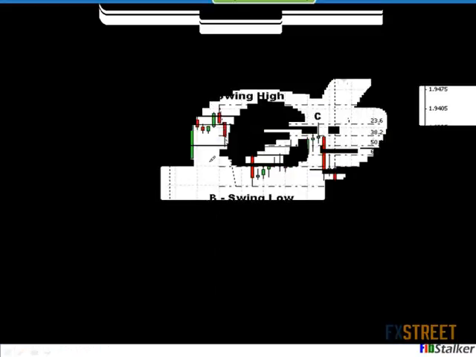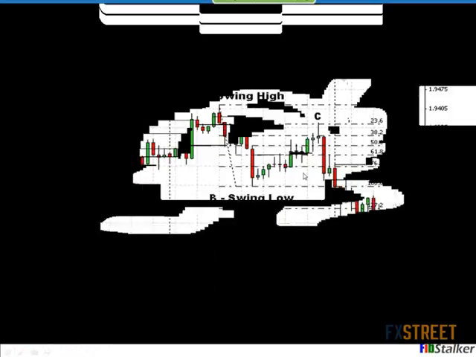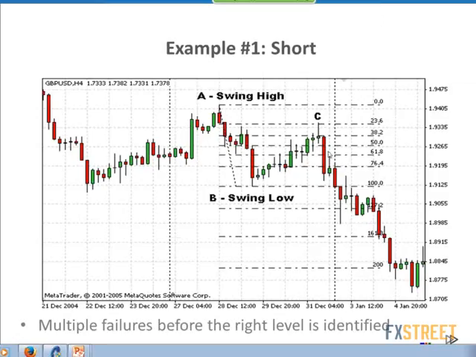Basically you would have a signal here, a signal here, and then eventually a signal there to enter short after the point C. So this example shows clearly that we have to know how to manage multiple failures before we get the right level, before we actually get the right signal.